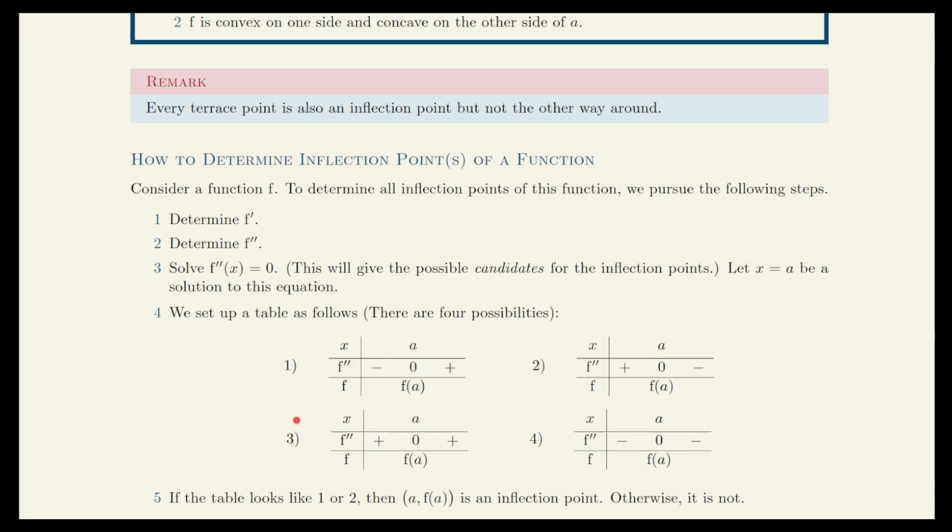But it might happen that the second derivative is 0, but on the left and on the right, both of them are concave up, or both of them are concave down. In neither of these cases is that candidate a real inflection point. I give you examples that this really happens, not for complicated functions, but for very simple functions.